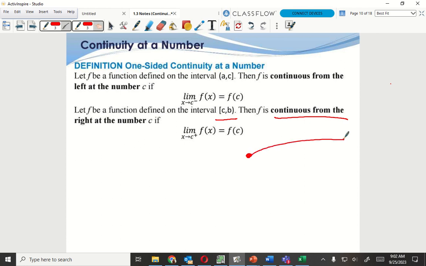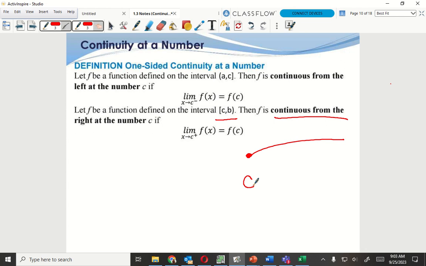There we go. This right here. Okay, so this is C. Here it doesn't exist on the left-hand side. It exists at the point C, right? Because that's a closed dot.